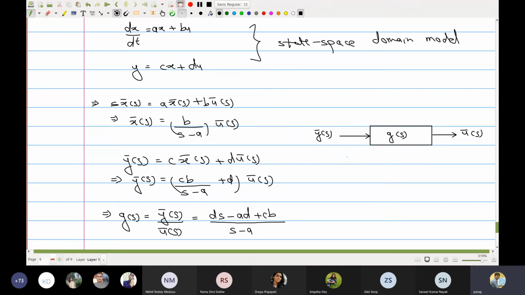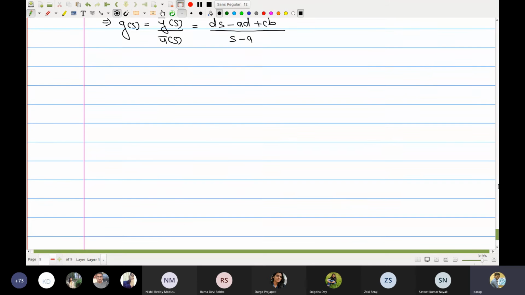So we call this a block diagram, right? Now let's see if we can convert the transform domain model as well as the block diagram to a state space domain model.